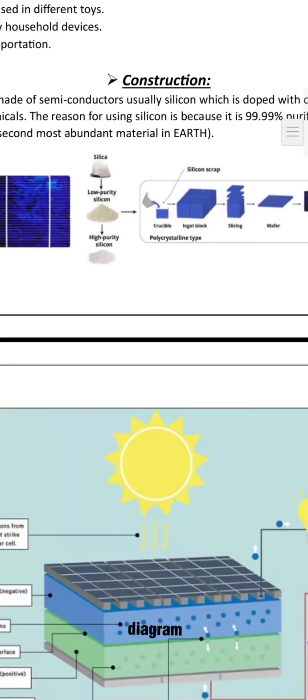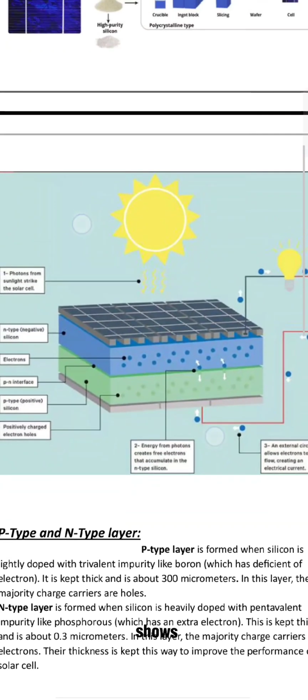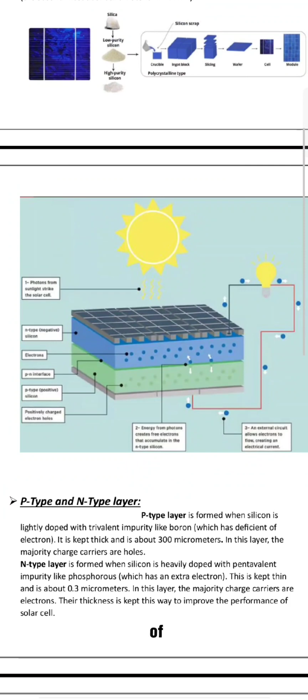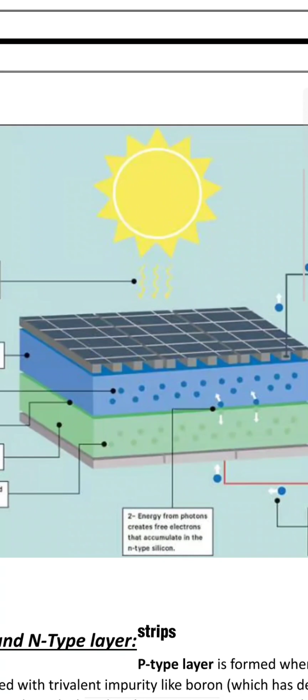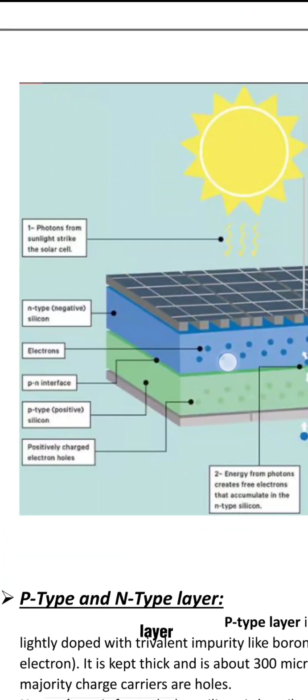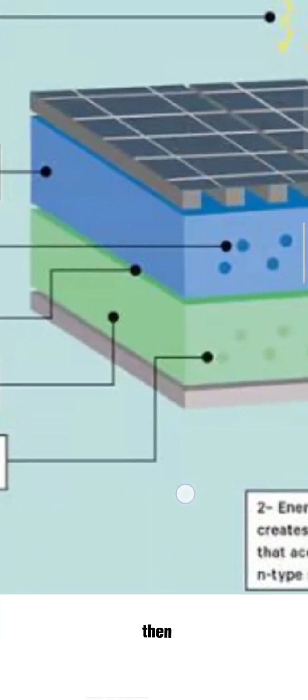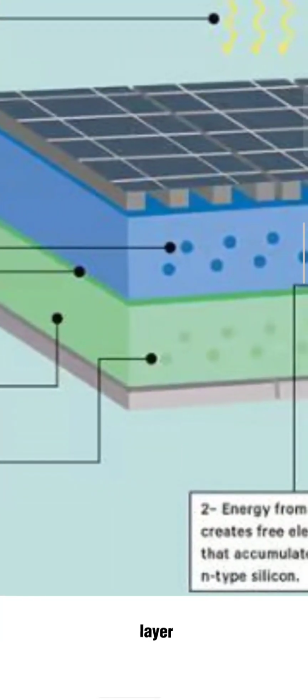Now coming to the diagram, this diagram here shows the construction and components of a solar cell. The first layer here is made of glass and metal strips. Then comes this blue colored layer, that is the n-type silicon layer. Then comes this dark green colored layer. It is the depletion region or the PN interface. This light green colored region is simply the p-type layer.